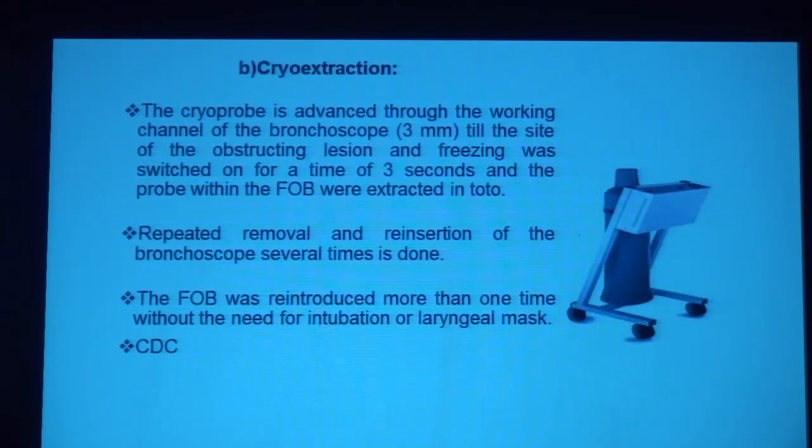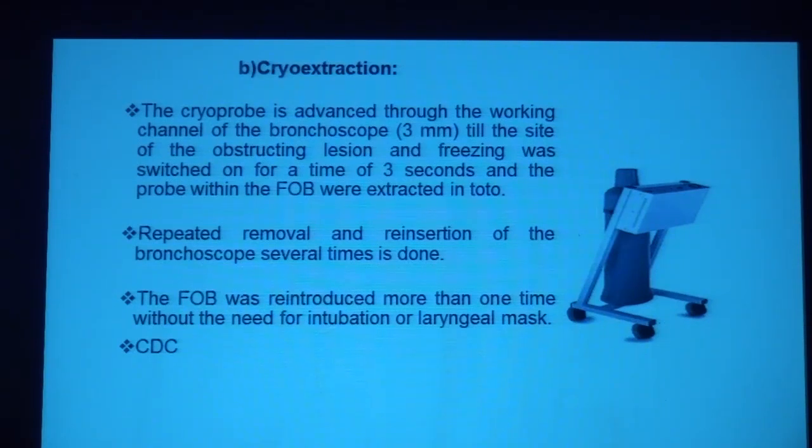This is a cryo apparatus, about $10,000, and you can do many cases. So the cost of every patient, of every session, does not exceed 100 pounds per session. Cryo extraction was done to remove the endobronchial tumor after debridement with electrocautery. 2 methods were applied in this study.